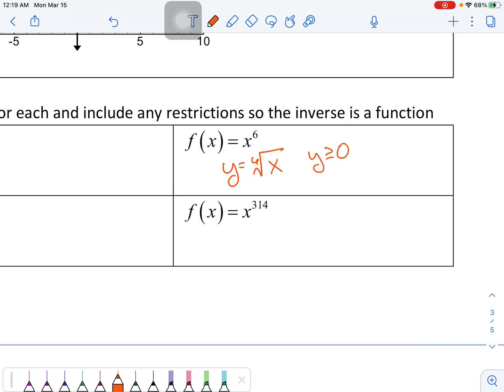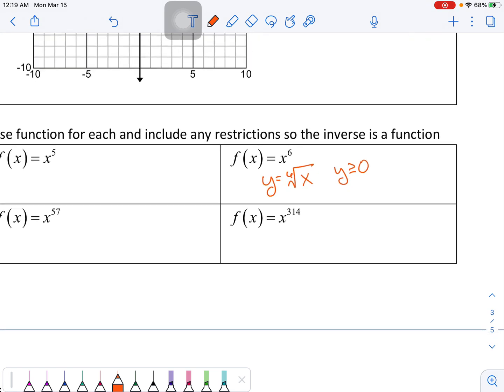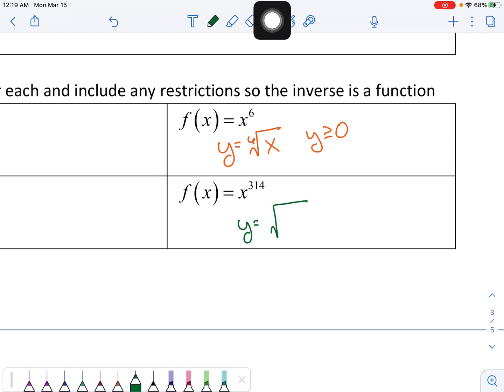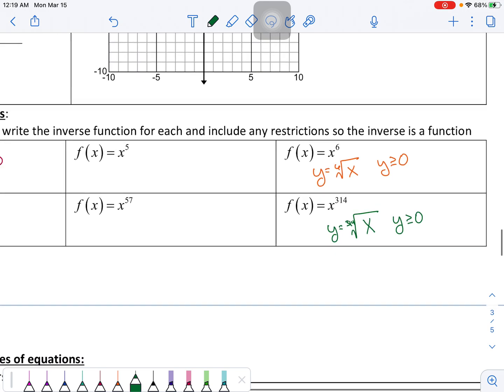And again, y has to be greater than or equal to 0. All right. And the last even root one, yeah, you can have a power of 314. That's an even number. And that power has a 314th root of x, and y is greater than or equal to 0. It's okay. It happens.